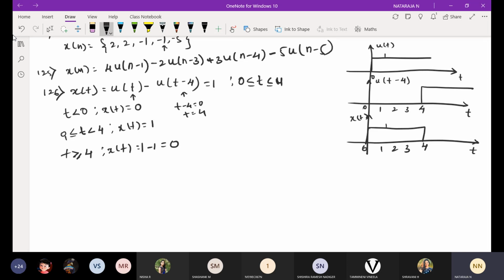T will vary from 0 to 4. I am going to consider the amplitude of the first one. U of t means it's an amplitude of 1. What we discussed in the last problem, same procedure only. But here we need to consider t. Okay, got it? Yes, sir.